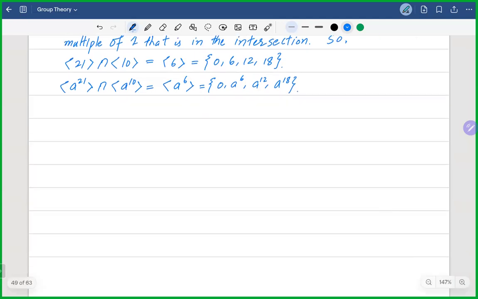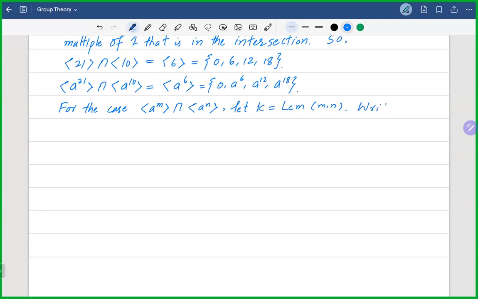Now for the general case, a^m intersection a^n, we let a be the LCM, least common multiple of m, n, and we write that a is equal to m times s, and a is also equal to n times t.